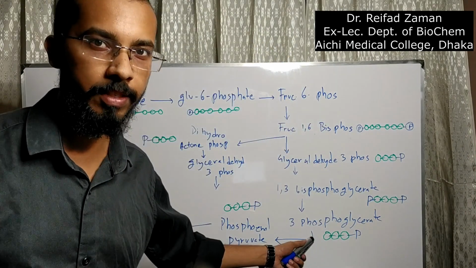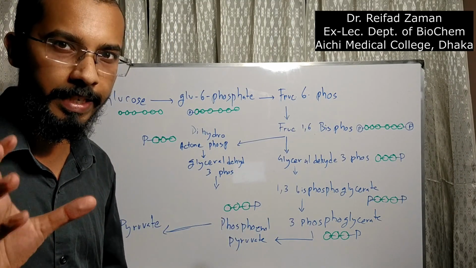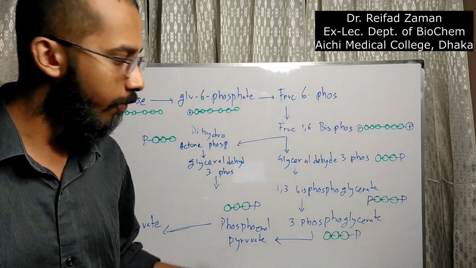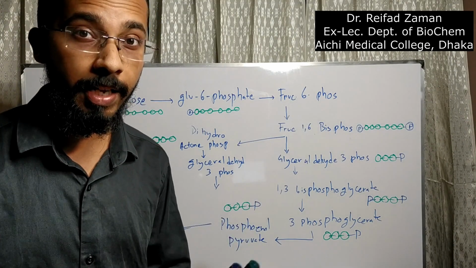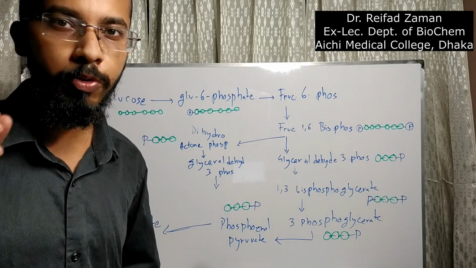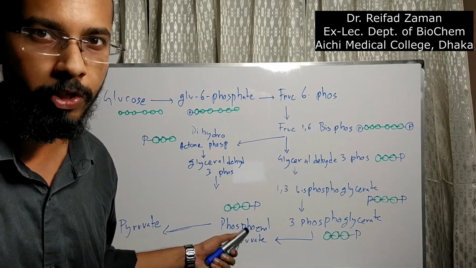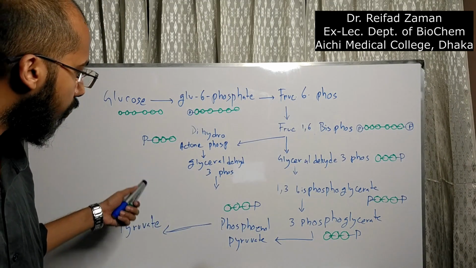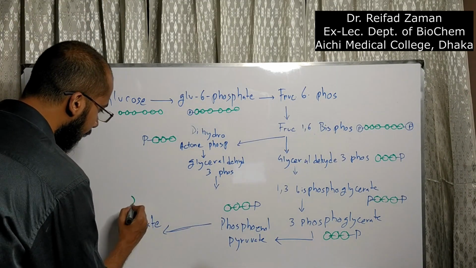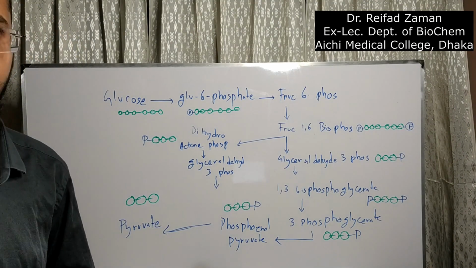Then the 3-phosphoglycerate converts into phosphoenolpyruvate, which is still a 3-carbon compound with a phosphate group attached to it. And then finally, the phosphoenolpyruvate loses the last phosphate group and converts itself into the 3-carbon compound called pyruvate. And so now we are left with this 3-carbon compound without any phosphate.